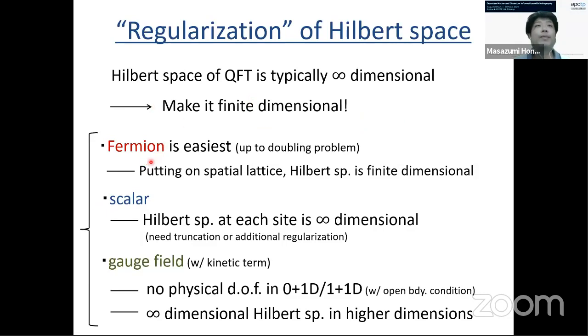For fermions, it's somehow easy, thanks to the Pauli exclusion principle: just by putting the theory on a spatial lattice, the Hilbert space becomes finite dimensional. For scalars, it's infinite dimensional. For gauge fields, when it's not topological and we have propagating degrees of freedom, we have an infinite dimensional Hilbert space at each site. So we need additional regularization for bosons.